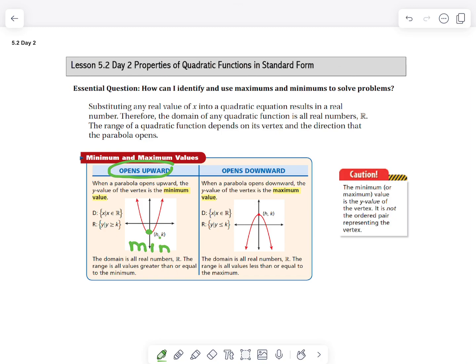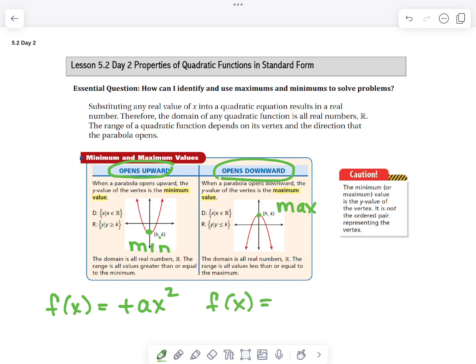In the equation, f of x equals a positive ax squared. The second one that opens downward, its vertex is going to have a maximum. And when we have the function, it's going to be a negative ax squared.